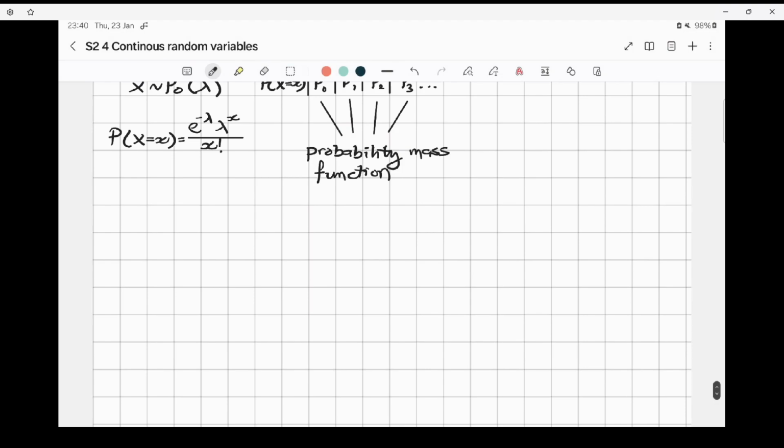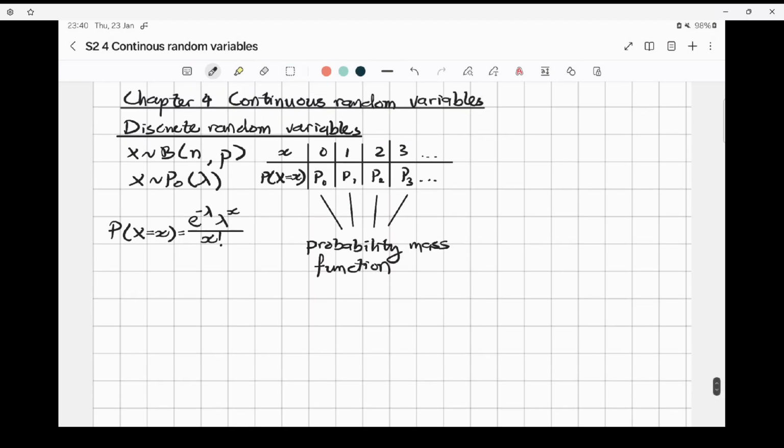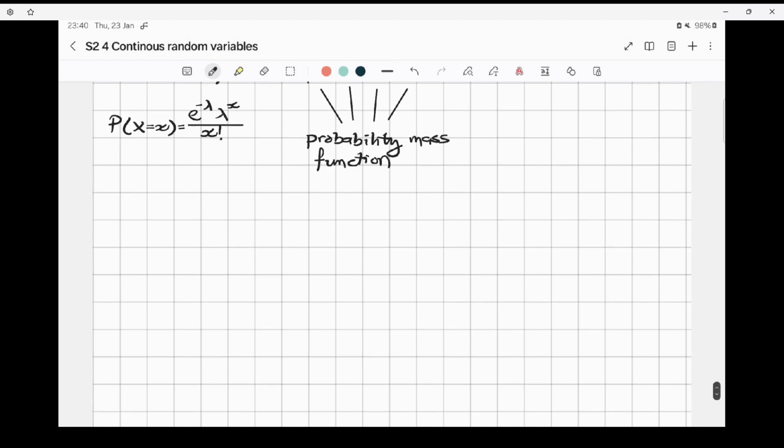So we take note that for discrete random variables, there are two very important things. The first one is the expected value, given by the sum over all i of xi pi. If this particular pi is given by your probability mass function, then later on for continuous random variables, those will be substituted by what we call the probability density function.